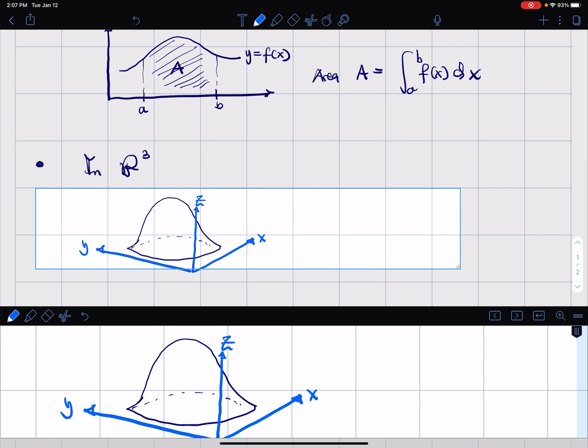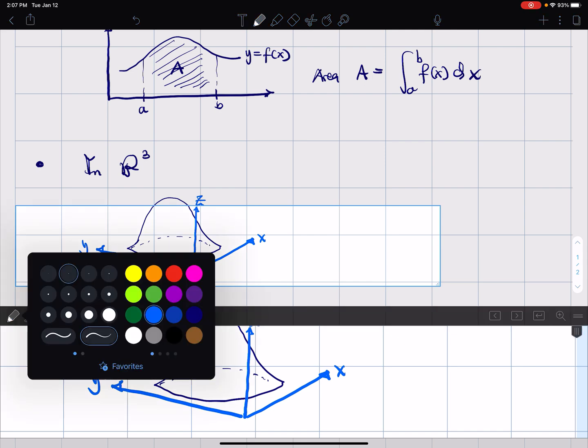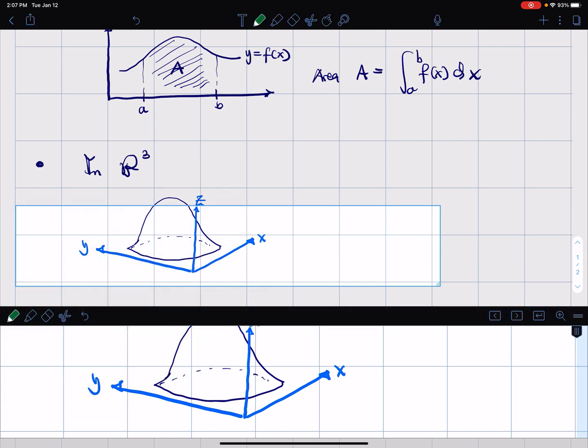If I want to find the volume under this function, say we have a rectangular region, say from A to B, and then from C here to D. So this region is going to cut across like this.